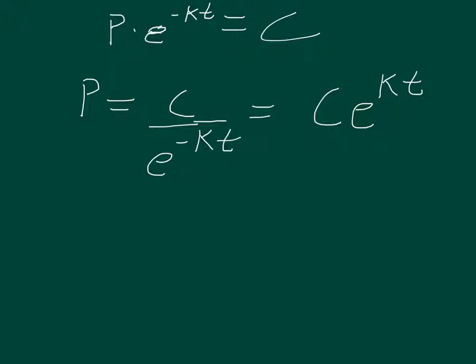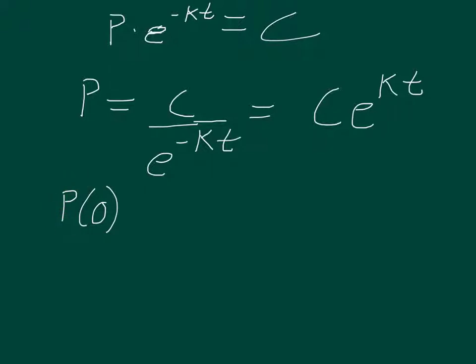And so what you can do is you can say, first of all, notice that this function here is completely dependent upon t. And so if we say p of 0, what we're saying is that this is the population at time 0.